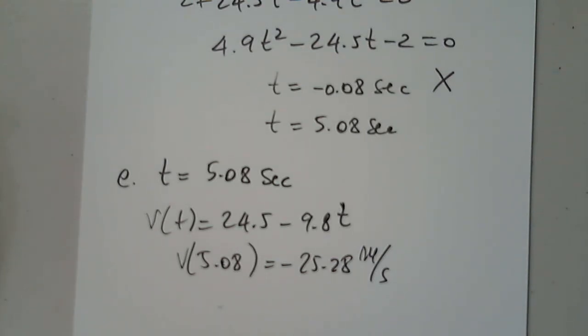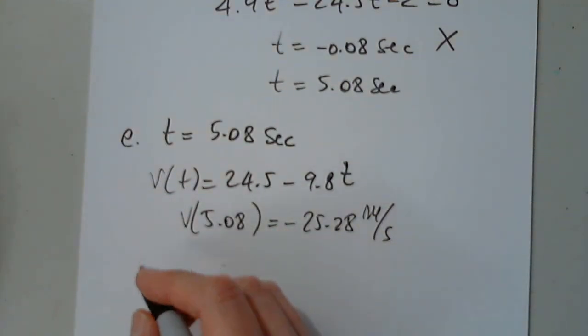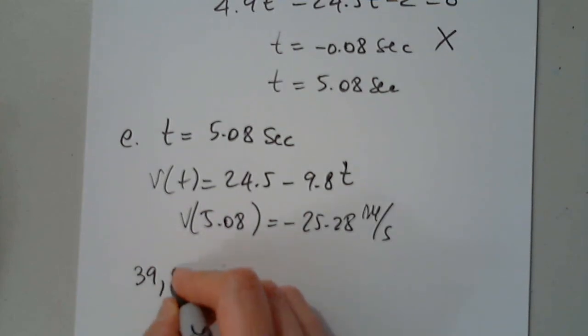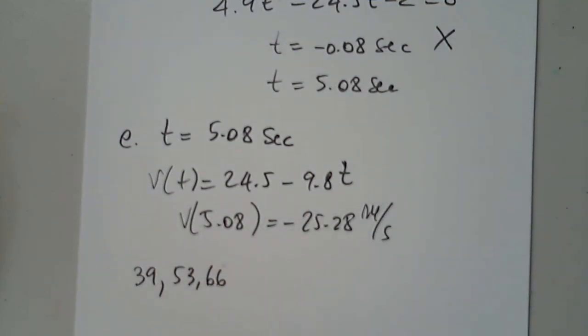Let's go back to 3.6. In 3.6, I selected, and you can change that as you like, I selected 39, 53, and 66. 39: find the equation of the tangent line to the curve at a given point.